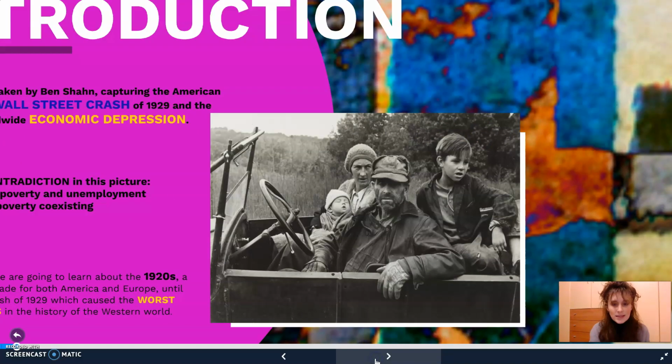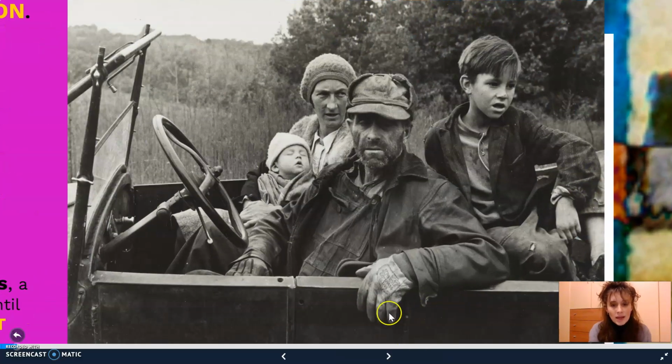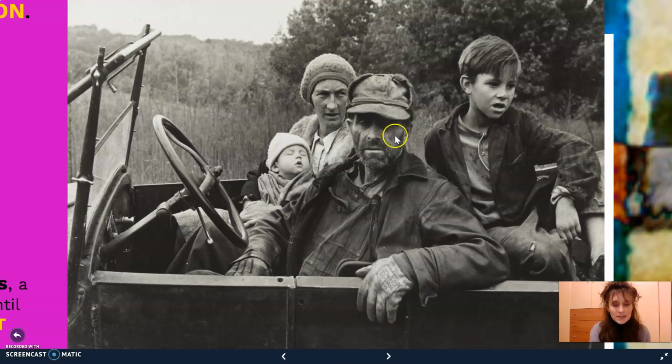Now, as you can see, let's zoom in. There's an American family that seems very poor. For example, there's a hole in the little boy's trousers here. I know that today people are actually buying jeans with holes, but because it's trendy, it's another story.